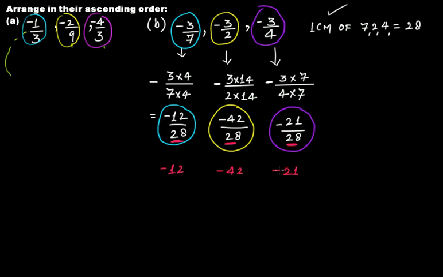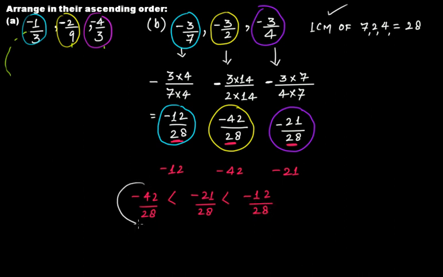Clearly, minus 42 is the smallest, then is minus 21 and then is minus 12. Therefore, minus 42 over 28 is less than minus 21 over 28 is less than minus 12 over 28.